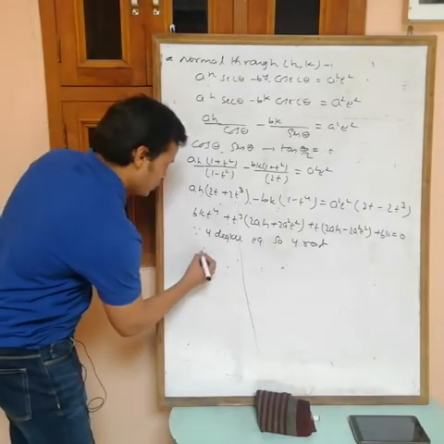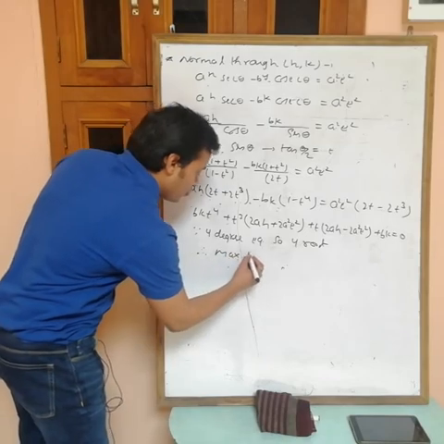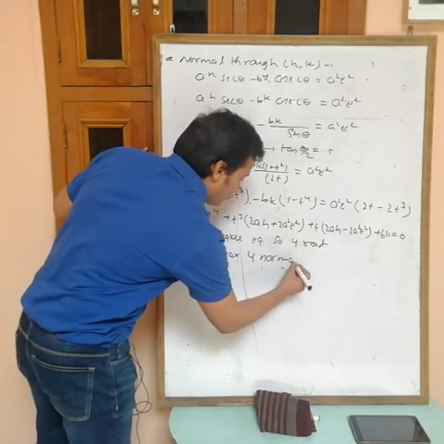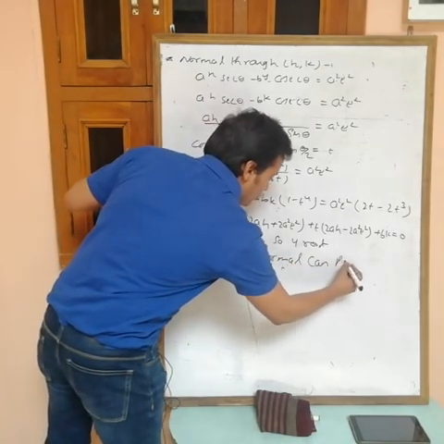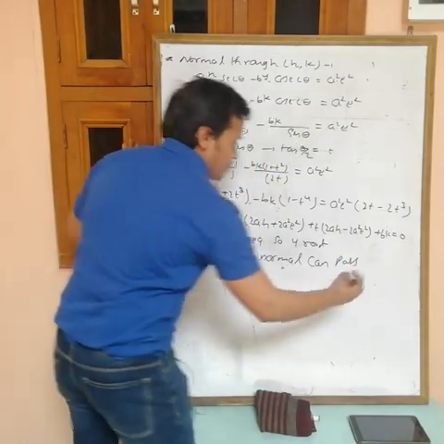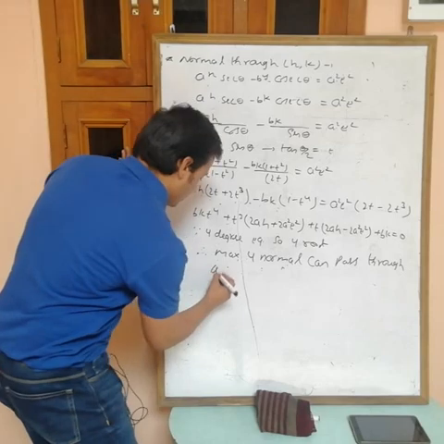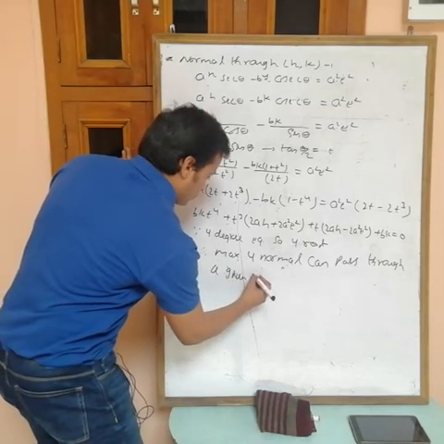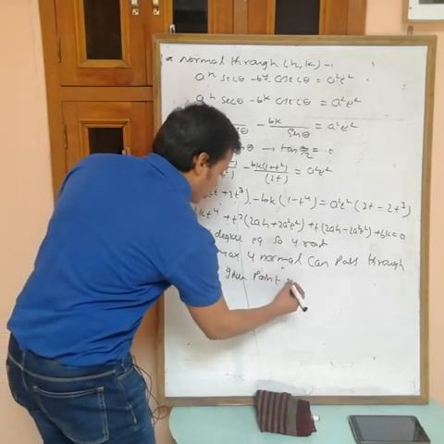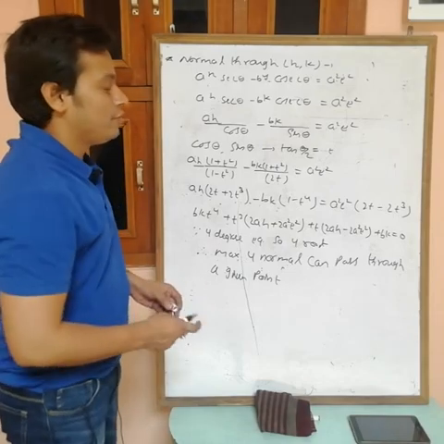So maximum 4 normals can pass through a given point. Okay, tomorrow we will take questions.